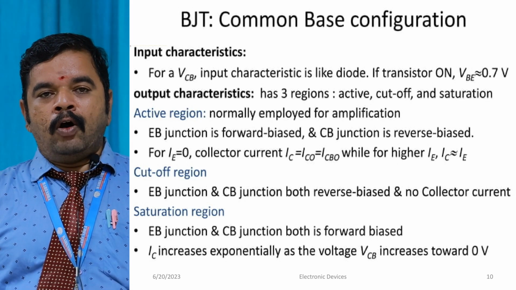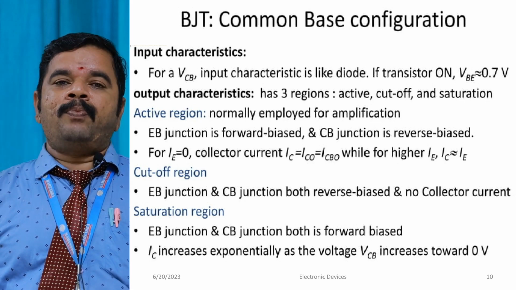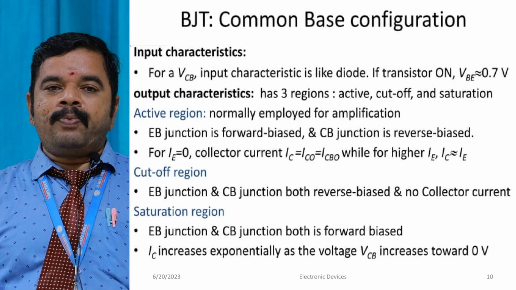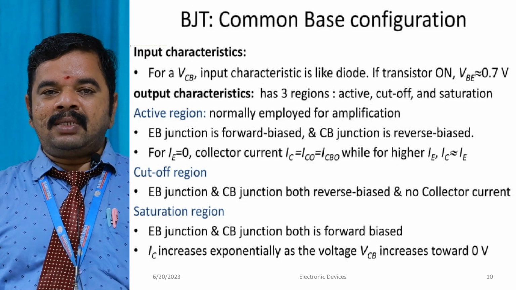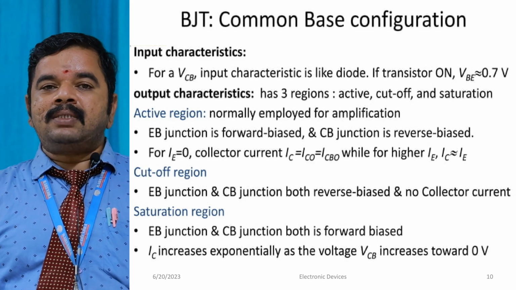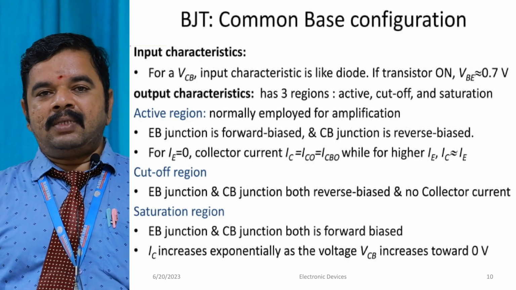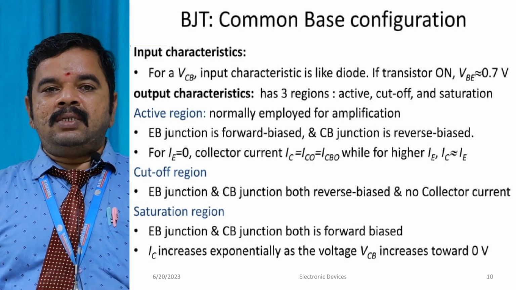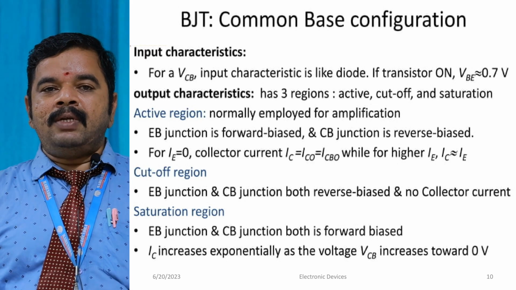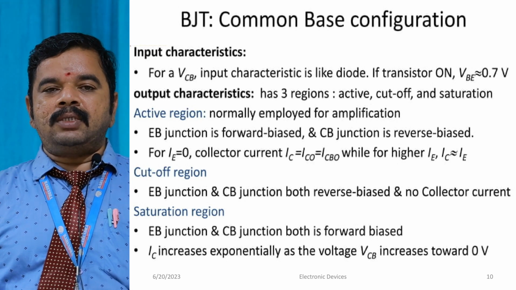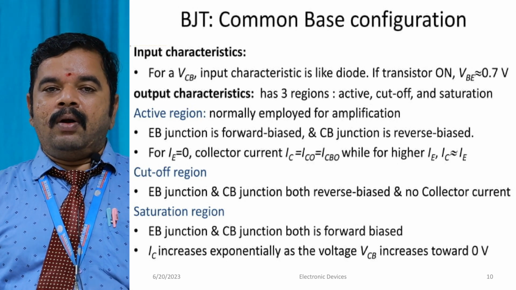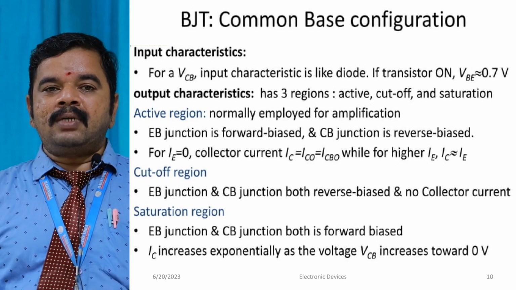Why do we go for the output characteristics? There are three regions of operation. What are the three regions? One is the cutoff region, the second is the linear region, and the third is the saturation region. Cutoff region means both the emitter-base junction and the collector-base junction are reverse biased.